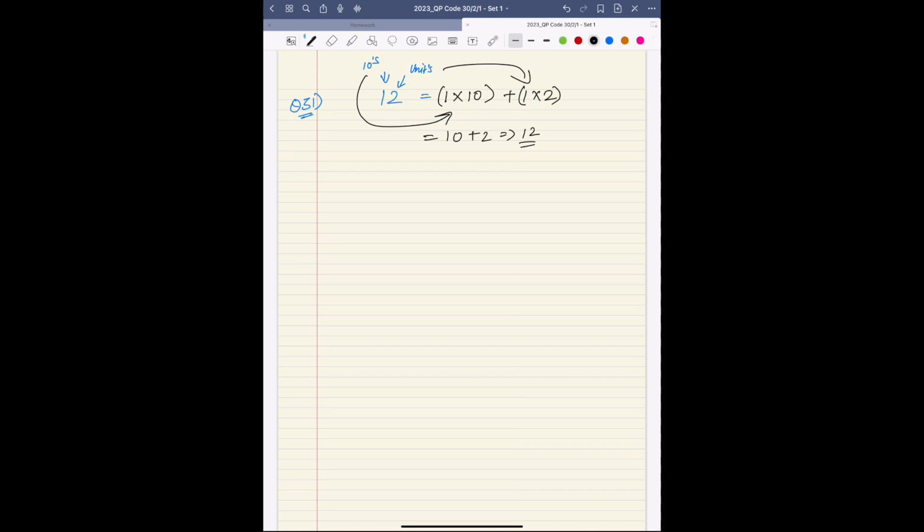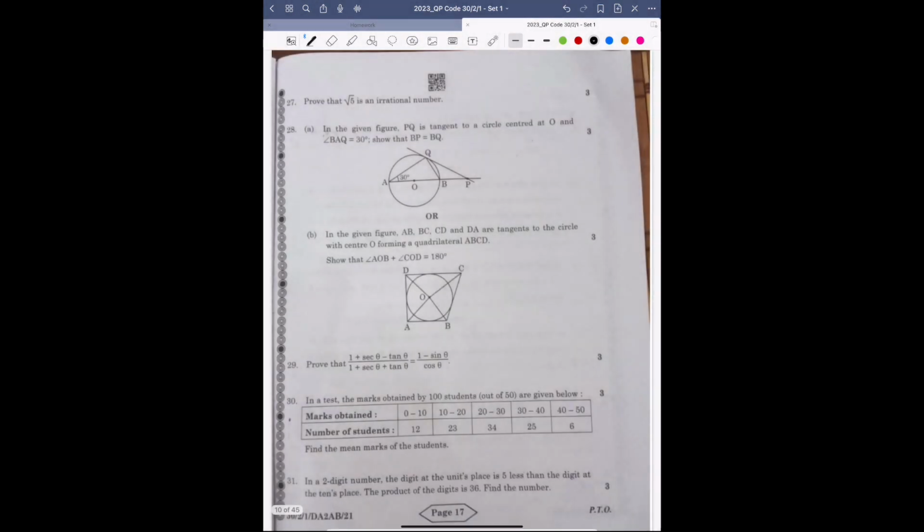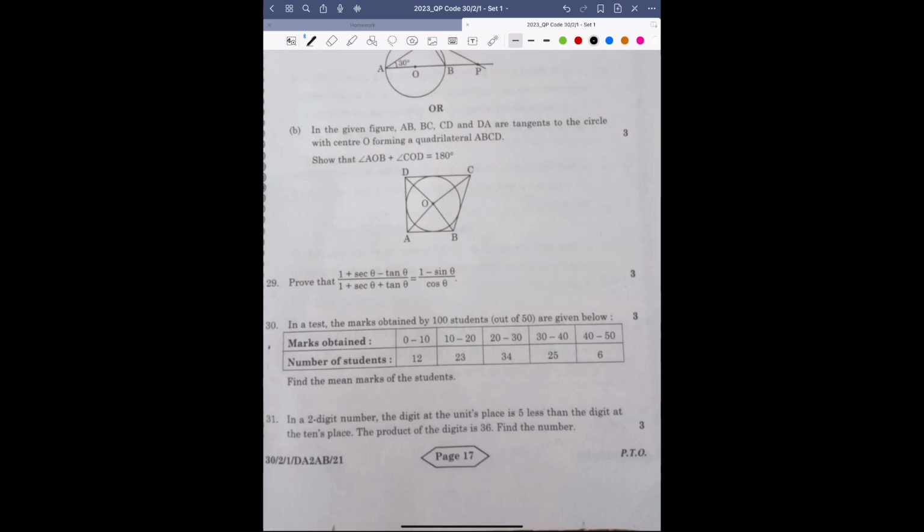So the question first says, in a 2-digit number, right? The digit at the units place is 5 less than the digit at the tens place. So you will have to form equations in x and y by taking a two-digit number as x and y.